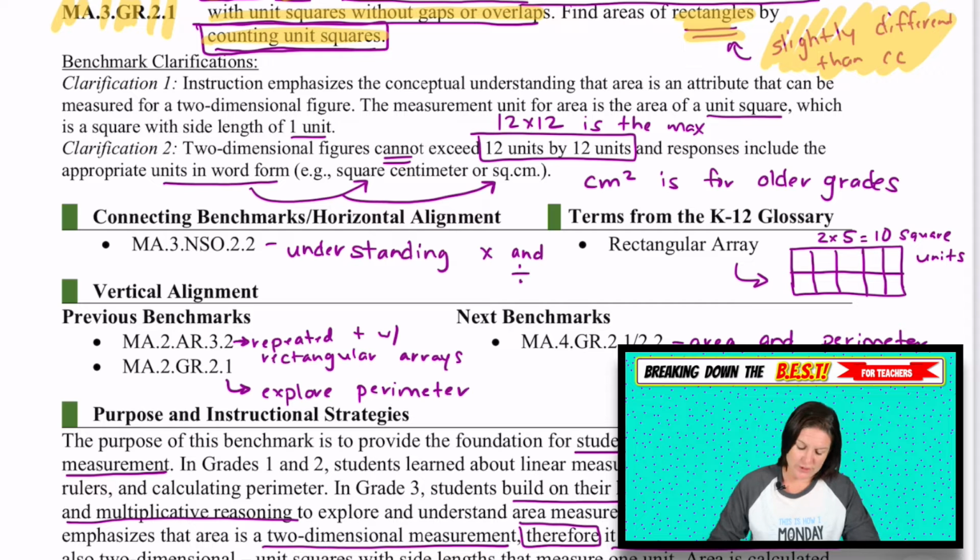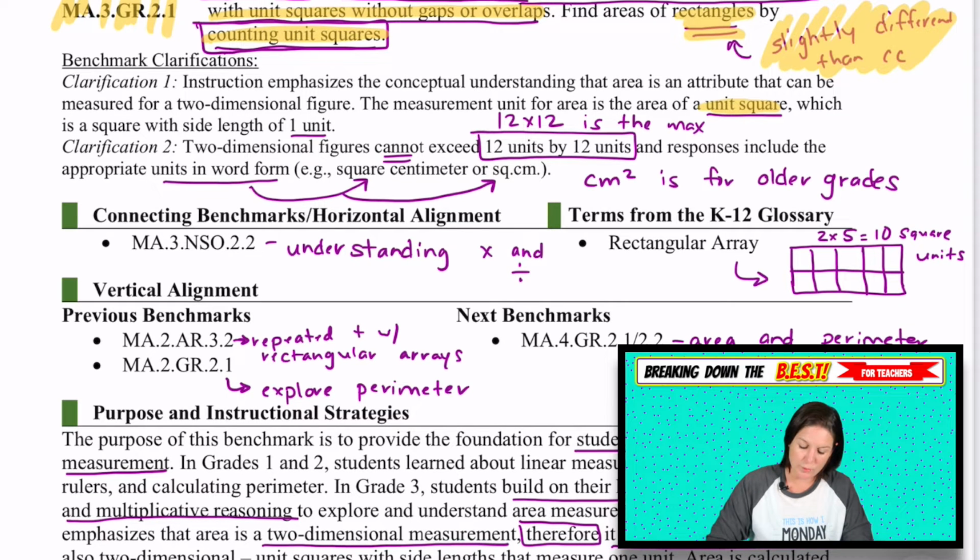Let's go to the clarifications though, because those are important. If there is not a unit present, like centimeters or inches, if they're not showing you the specific unit that we're using, we'll just refer to that as a unit square with a length of 1 unit. What else?